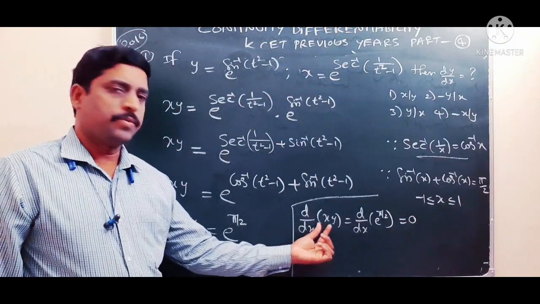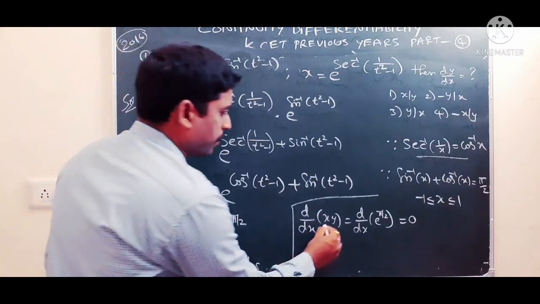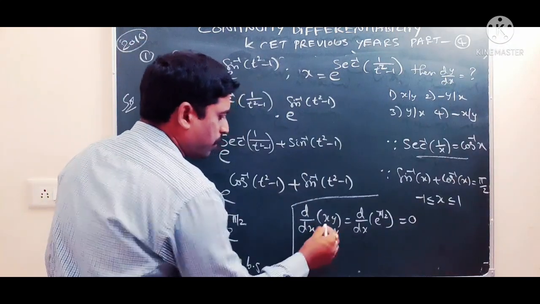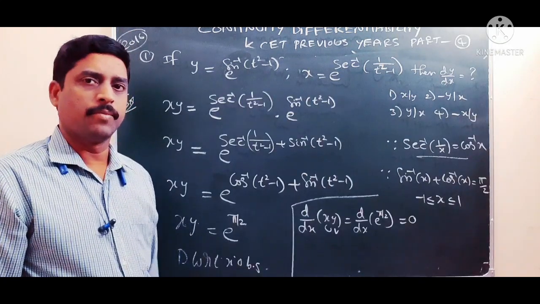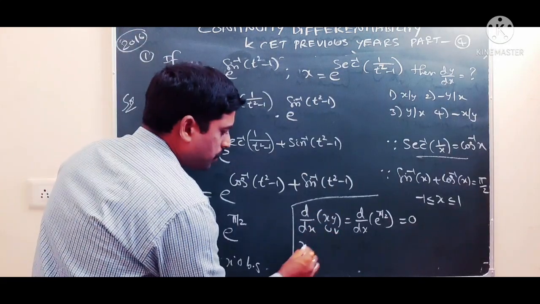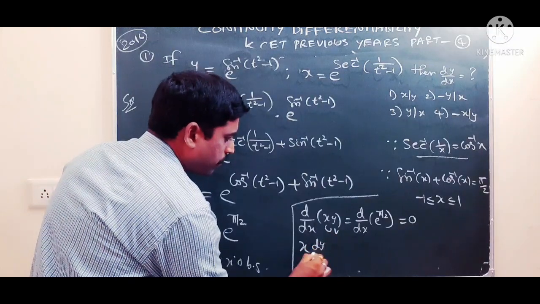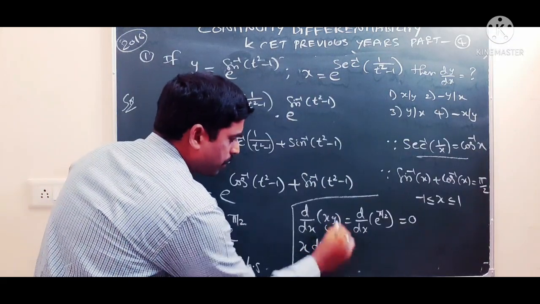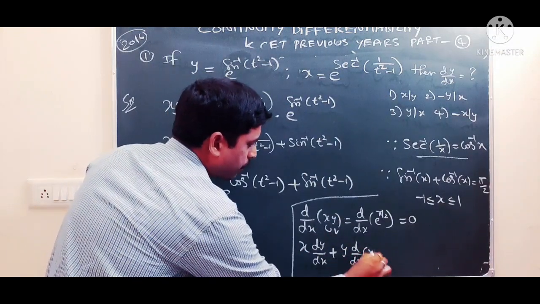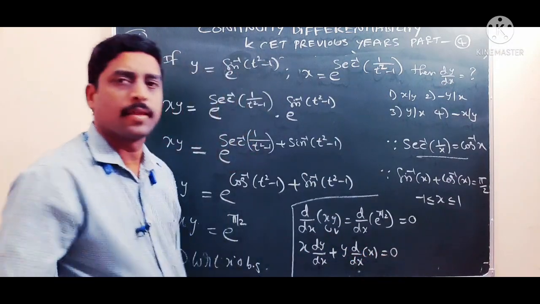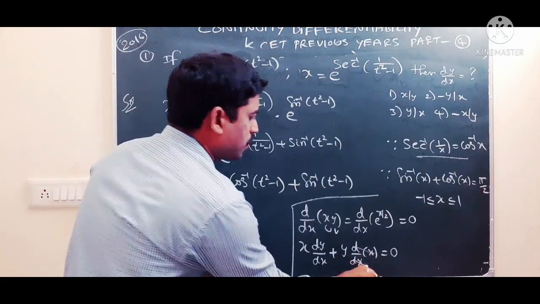Now by using the uv formula: what is the uv formula? u into dv by dx plus v into du by dx. In this, x into derivative of y, dy by dx, plus y into derivative of x, d by dx of x, this will be 1.